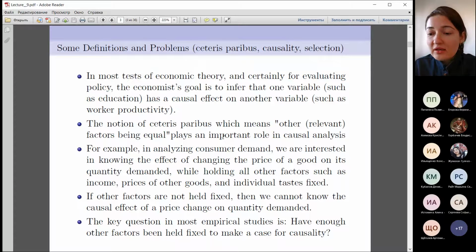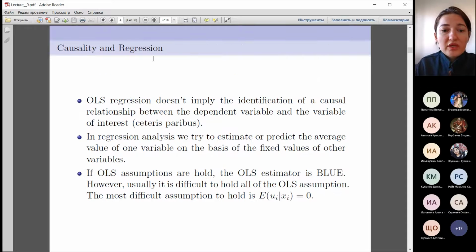And the key question here is, have enough other factors being held fixed to make a case of such causal relationship. So you need to understand clearly that when you make empirical research and, for example, you run ordinary least squares regression, it doesn't mean that you find the causal relationship.